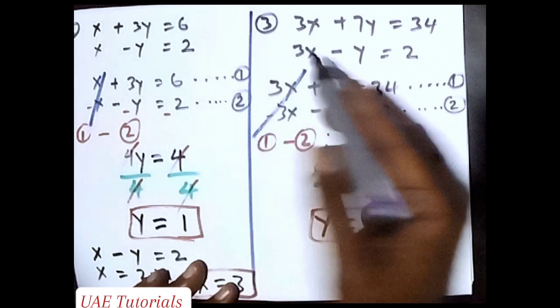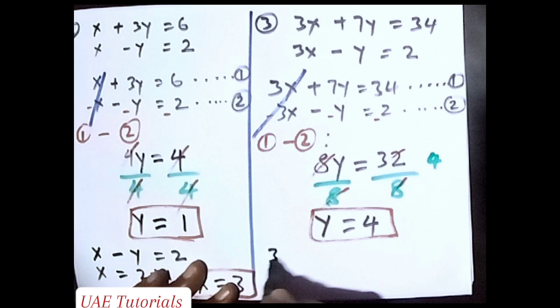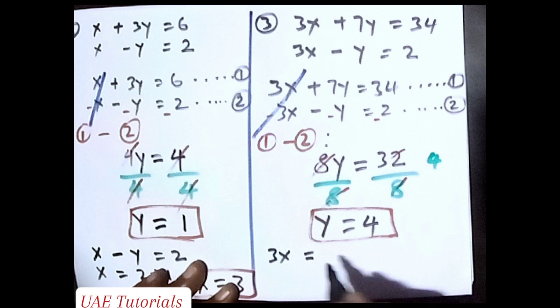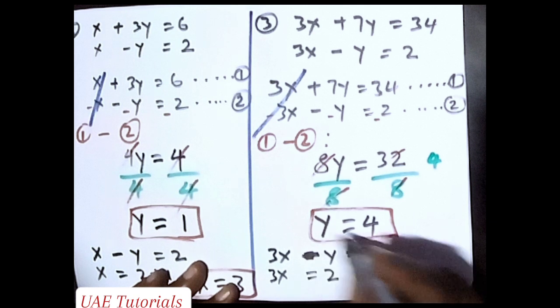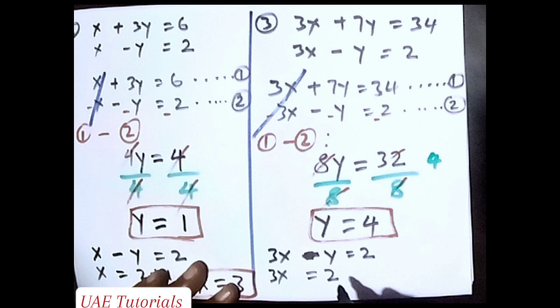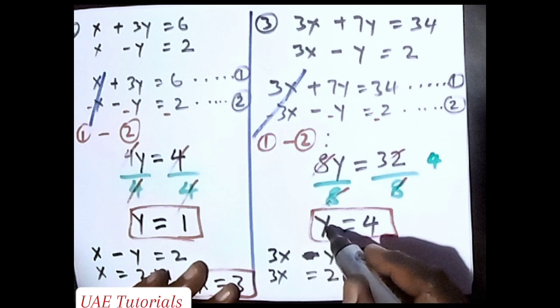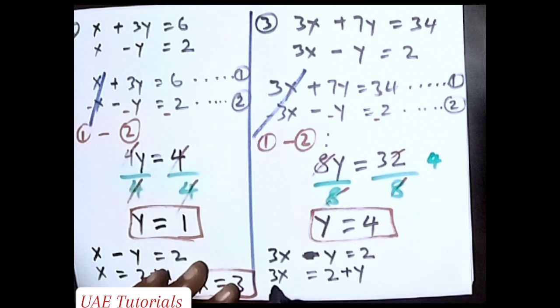Look at it. 3 times x minus y, 3x minus y equals 2. 3x equals 2. When the y moves over to the other side, it becomes a plus. And we have been given the value of y to be 4.